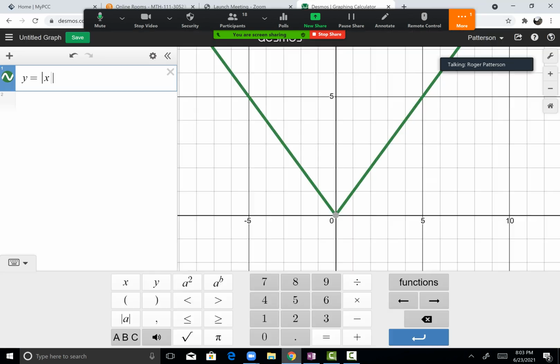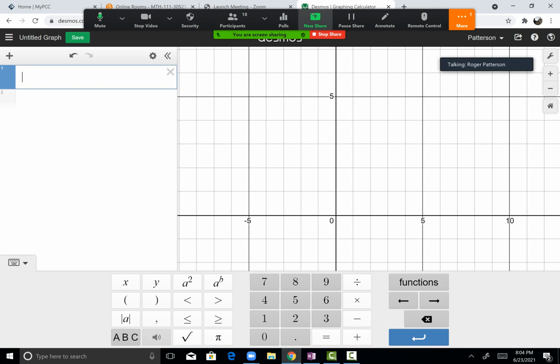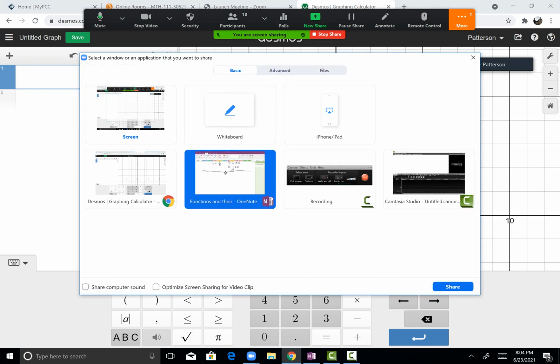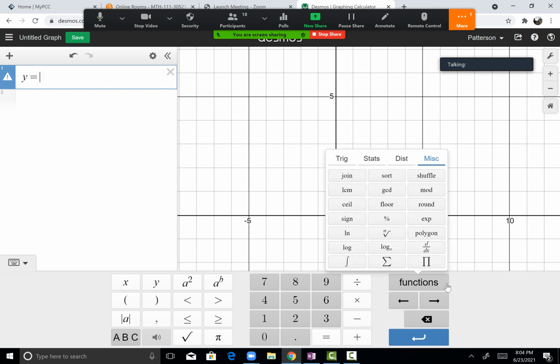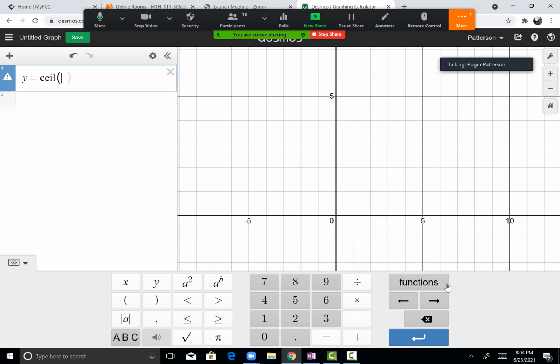All right. Here's what we're going to take a look at. I said we were going to do these, so I want to go ahead and do it. In the Desmos, I'm going to have you take a look at these. There are some functions in the miscellaneous part of the functions button. Obviously they're functions because it says they are. So if you come down to miscellaneous, I want you to go to the one that says ceil and put an x there.